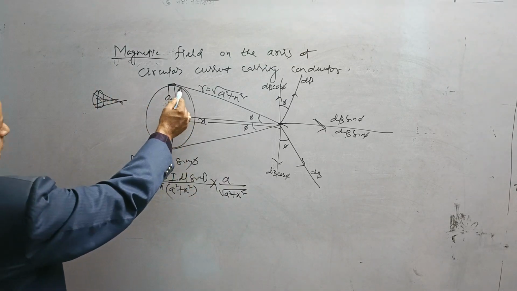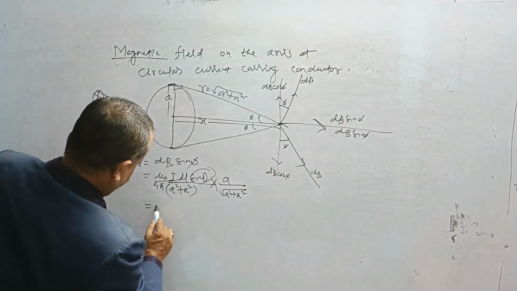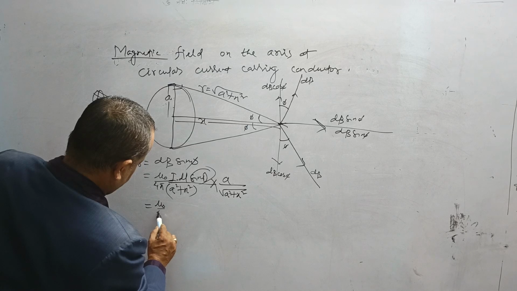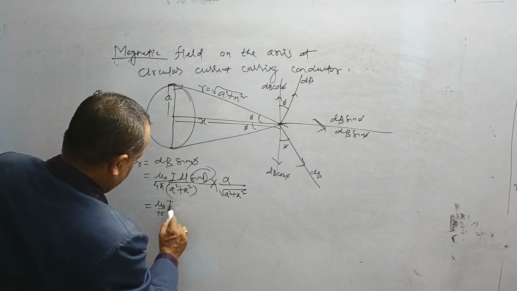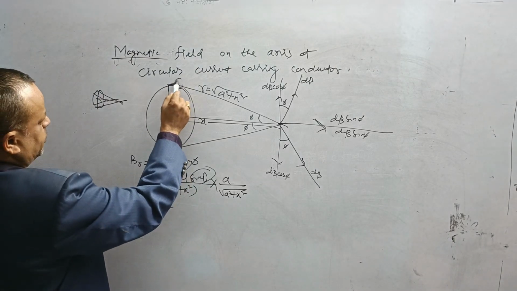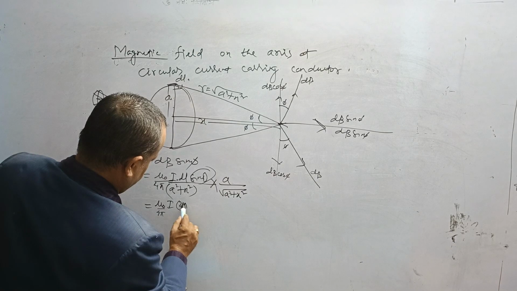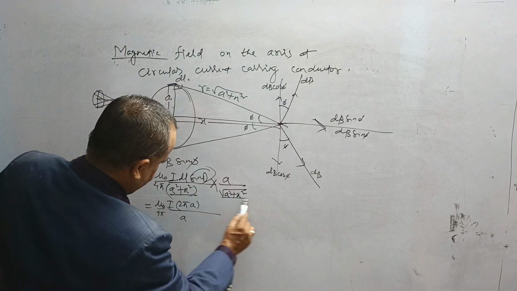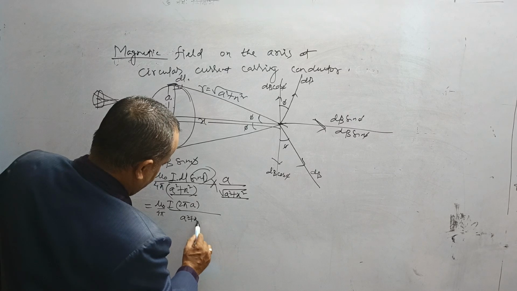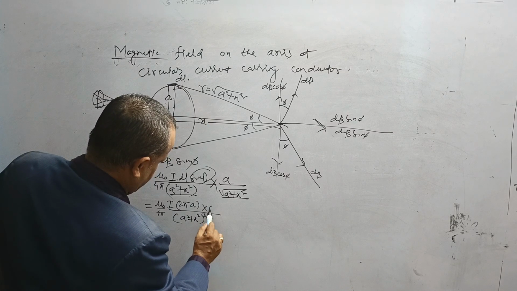This theta is basically tangent to the circle, so sin theta becomes 1. What we have is mu naught upon 4 pi I, this is delta L. Suppose we integrate this out, it becomes 2 pi a. This and this get multiplied together, it becomes a square plus x square to the power 3 by 2 into a.